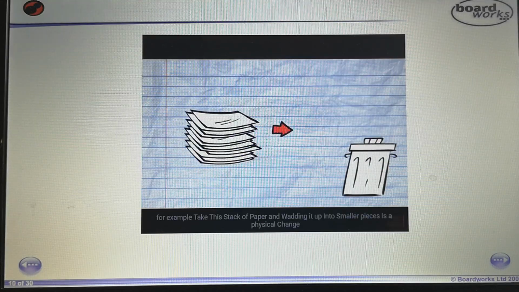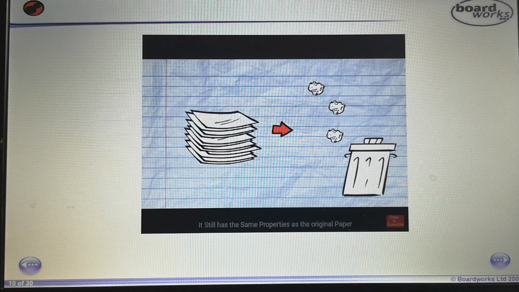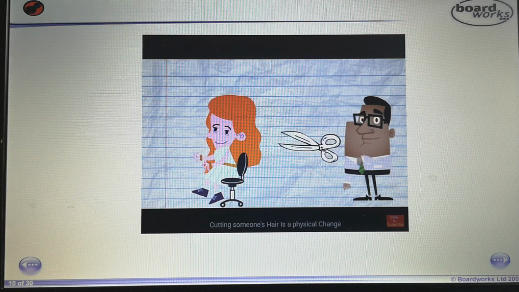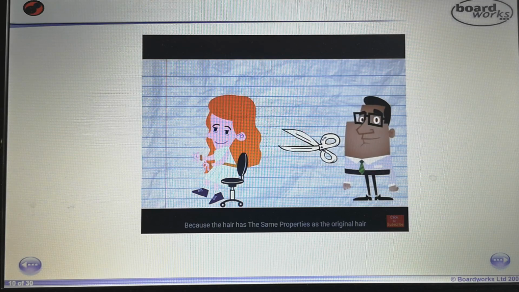For example, take this stack of paper and wadding it up into smaller pieces is a physical change. It still has the same properties as the original paper. Cutting someone's hair is a physical change because the hair has the same properties as the original hair.